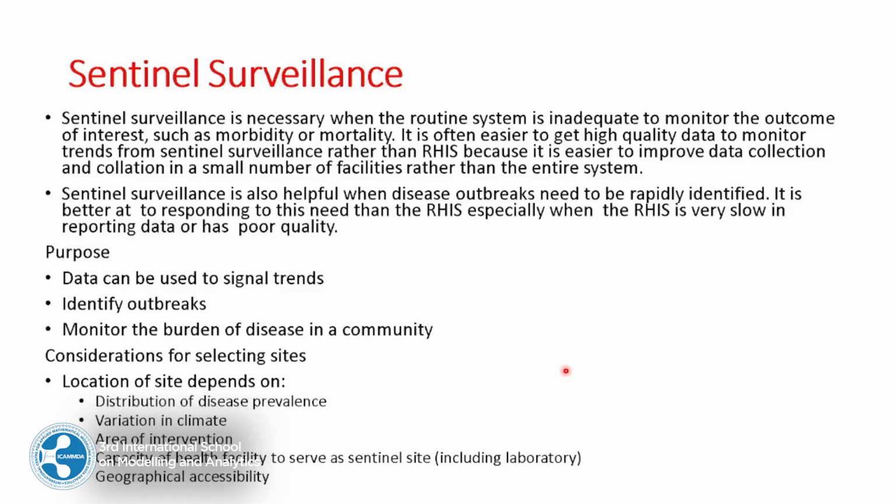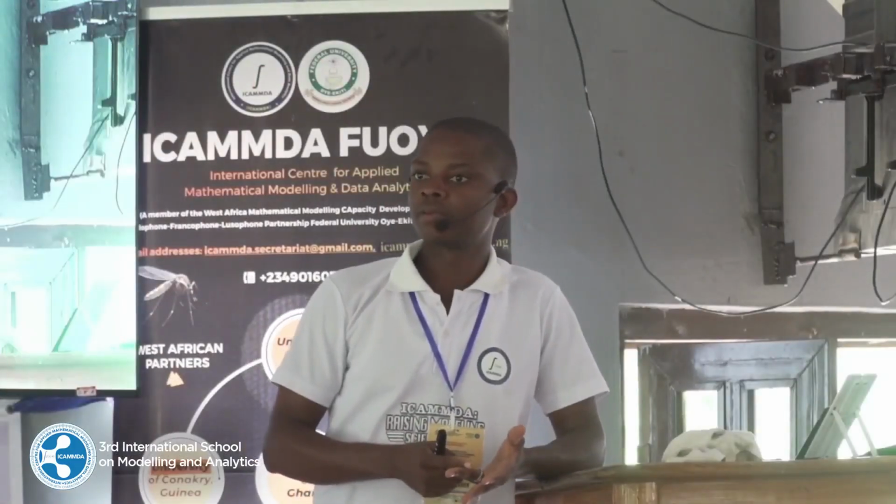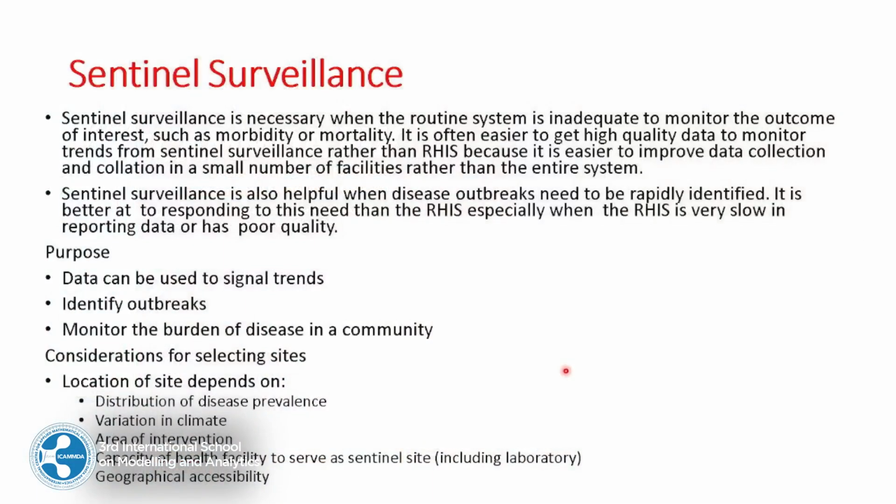We also have climatic variations. They are very important in considering areas where we can set up sentinels. For the case of Lassa fever, we noticed that Ondo State and Edo State are very high in terms of Lassa fever outbreak, and that is why sentinels were set up in those locations.